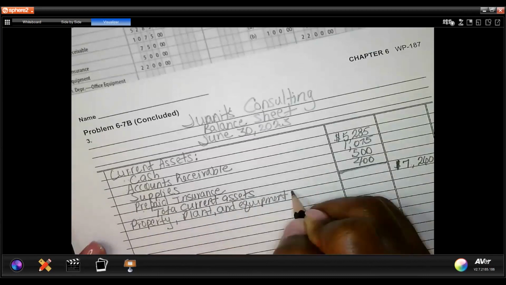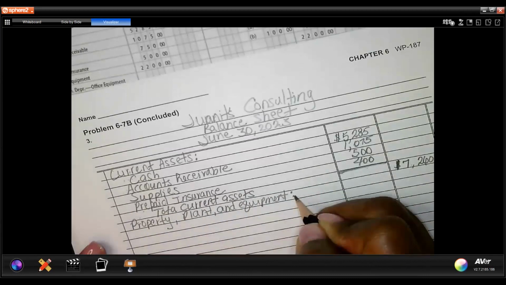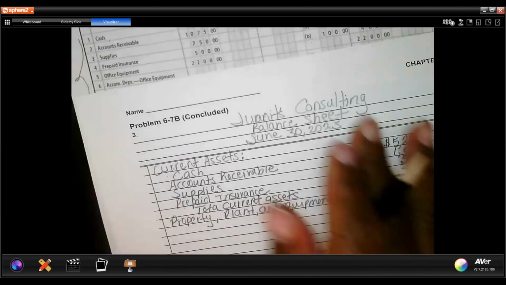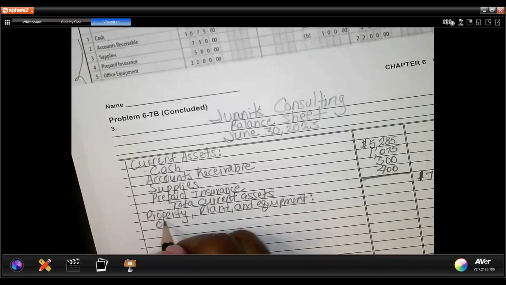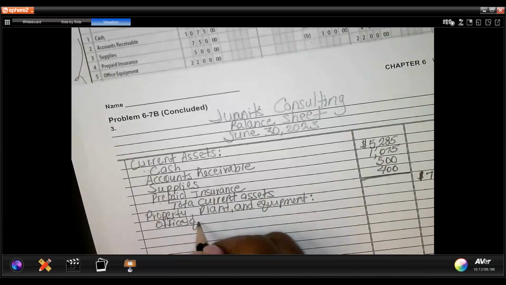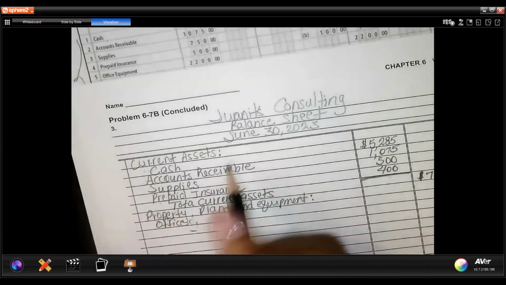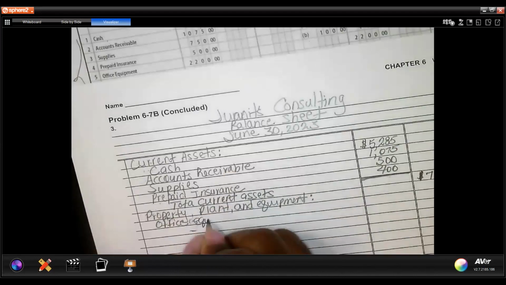Okay, in this case, under property, plant, and equipment, we're going to list our office equipment. Again, this is going to be our asset account. So that's going to be our property, plant, and equipment.